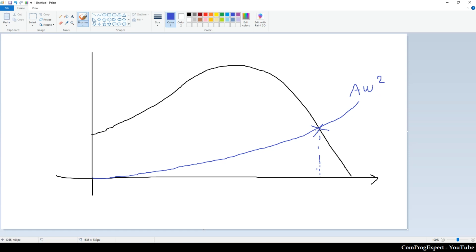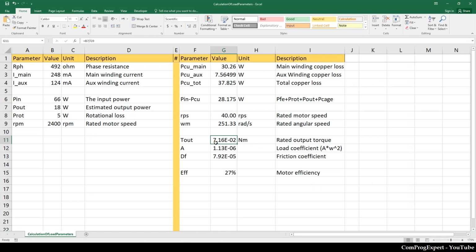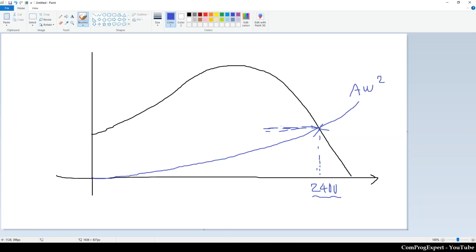We know this speed, that is 2400 RPMs, and we know the value of this torque, which we calculated here, 7.16 e minus 2. So I can write T is equal to A omega squared. This is the steady state speed, and this is the steady state torque.